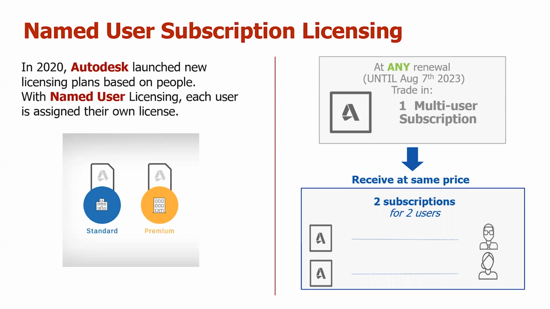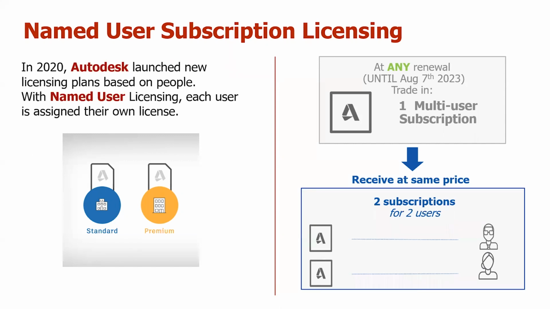I'll highlight in the next slide a few of the features and benefits of the premium plan. But with this transition over to named user subscription licensing, Autodesk then released an offer for this transition called 2-for-1 trade-in.